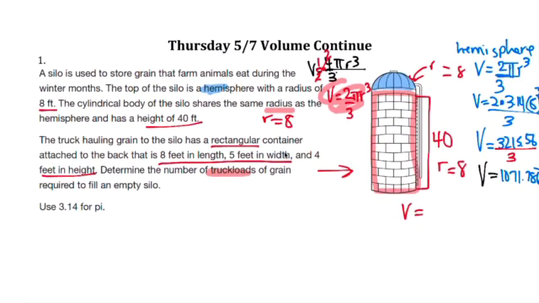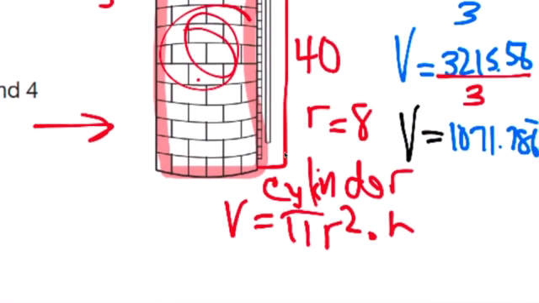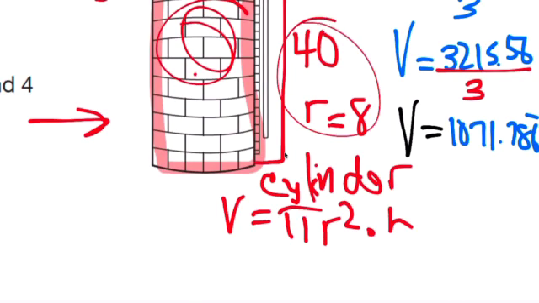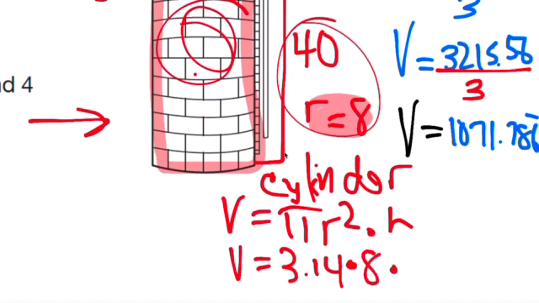And then let's do the cylinder. The volume of a cylinder, this right here, is pi r squared times height. So we know that this is the information for that. Volume equals 3.14 times the radius of 8 times the height of 40.